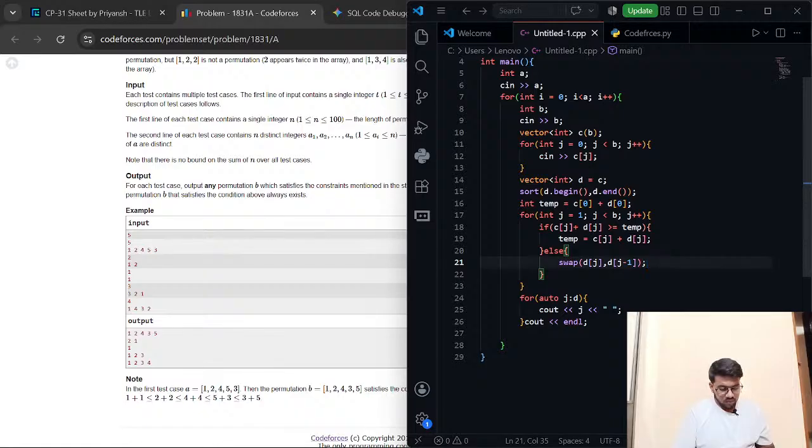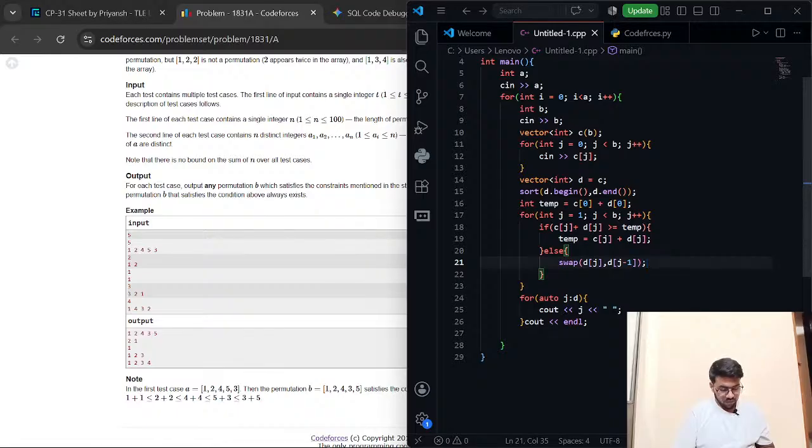If 4 is greater than or equal to temp, then we are just going to update our temp to 4. Now we will go to the next one, which is 7. Is this greater? Yes. Then we just update our temp.